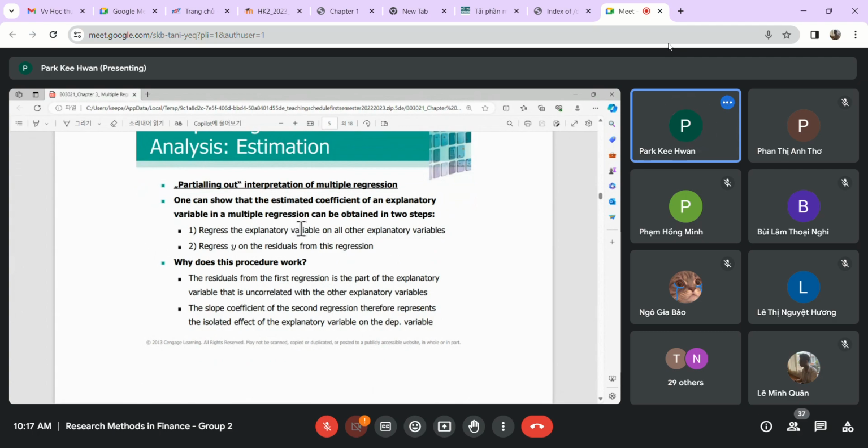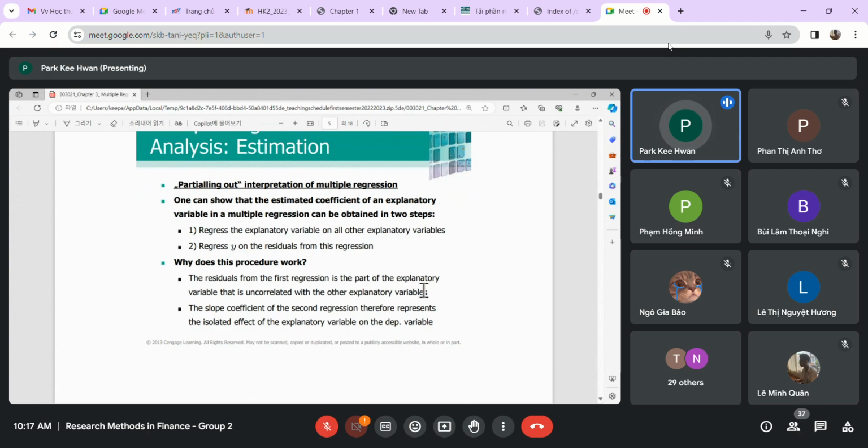In this case, you regress high school GPA on ACT, then the residual from the regression is the part of the explanatory variable, the part of the high school GPA, which is uncorrelated with the other explanatory variable, the ACT.